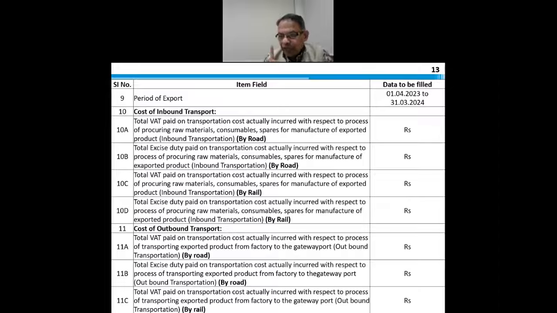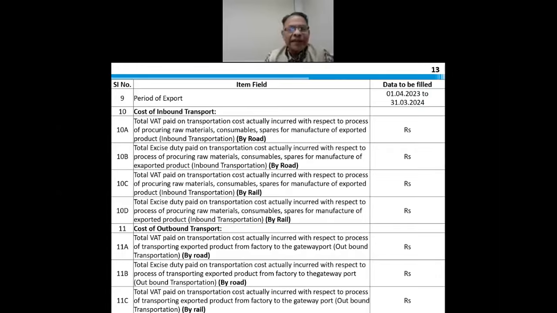First part. Second, total excise duty paid on transportation cost actually incurred with respect to the process of procuring raw material, consumables, spares for manufacture of exported product, inbound transportation by road. Same 10C, but the difference is you are taking it by rail.